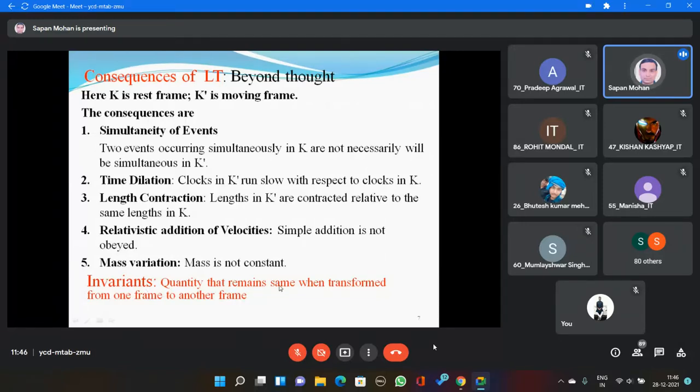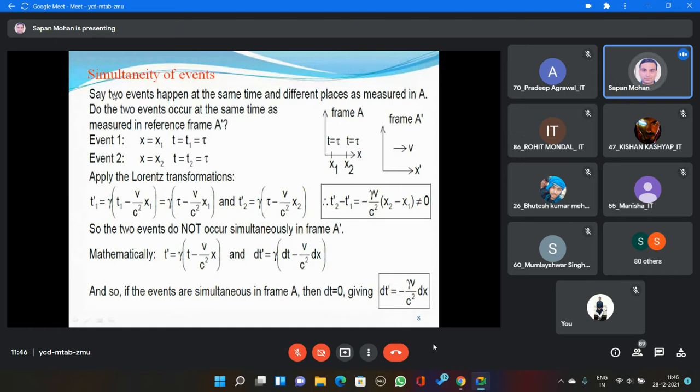Invariant is a quantity that remains the same when transformed from one frame to another. See here, what is the simultaneity of events. Say two events happened at the same time here and at different places as measured in frame A. Let's say this frame is the A frame. Two events happened at the same time, t equal to tau, but at different places.